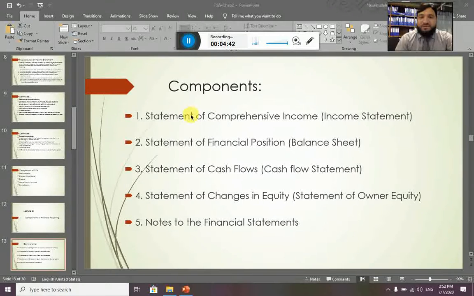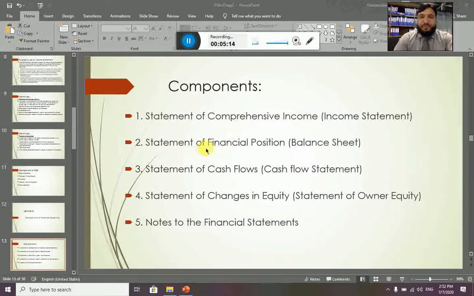Then we have the statement of financial position. It's also called balance sheet, or we can also call it the statement of accounting equation, because basically the accounting equation is practically available on this statement. Assets equal capital plus liability, or liability plus capital.